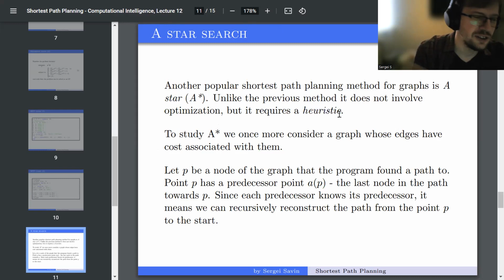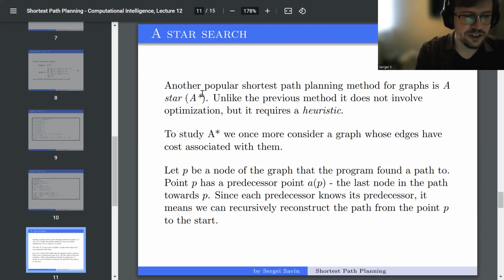Heuristic is again like a guesstimation. We'll again have to consider a graph whose edges have costs associated with them. Here, we don't care about the directedness of the graph.